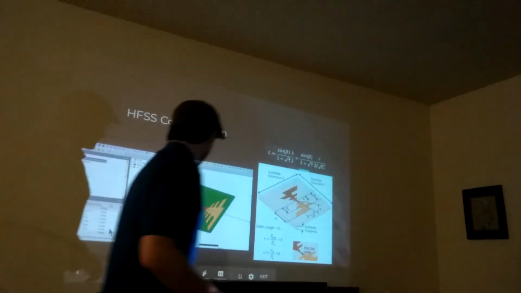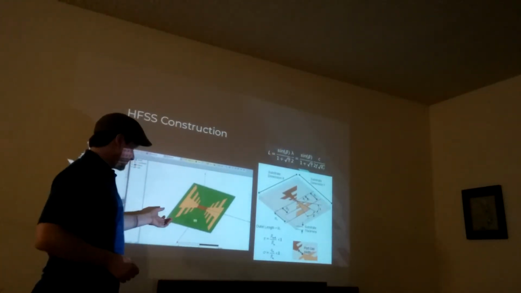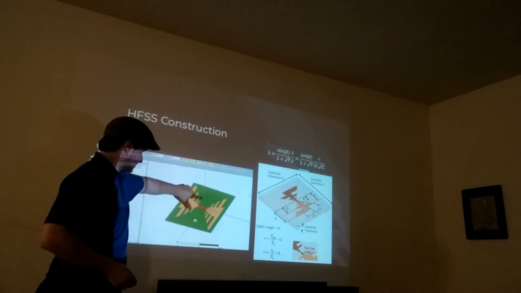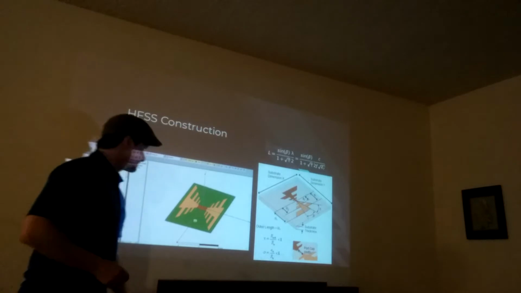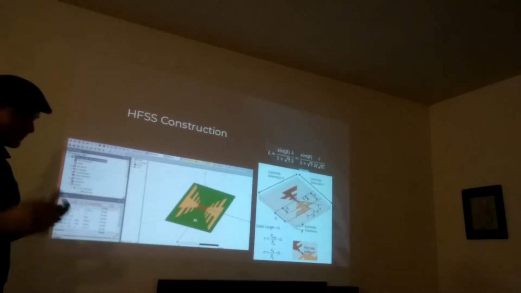So I did that, and HFSS generated this nice trapezoidal tooth antenna for me with angles 60, 30, and 30. And this happened to meet all of my calculations.